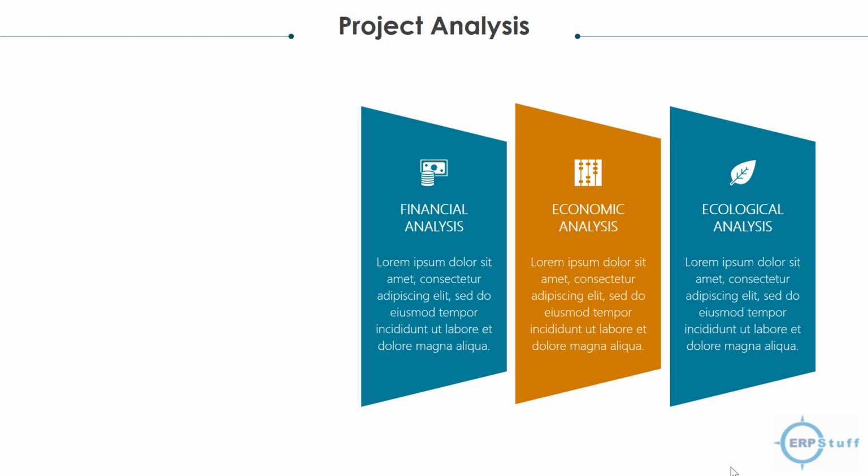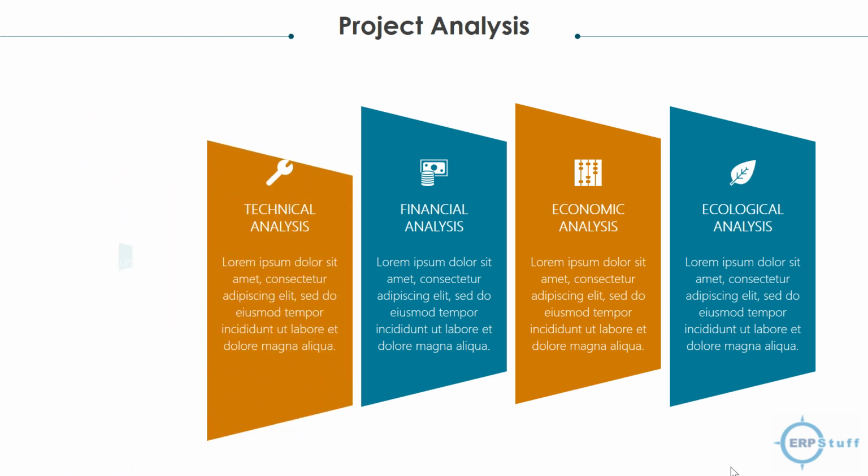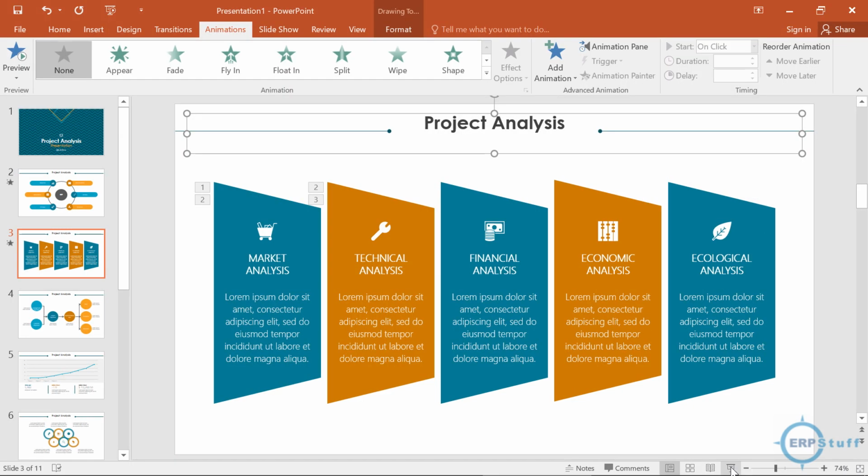Now let us play this slide. Don't focus on these 3. The first came in, it went out, the second came, and when I click again, it goes out. The same way you can put it on other pages or images.